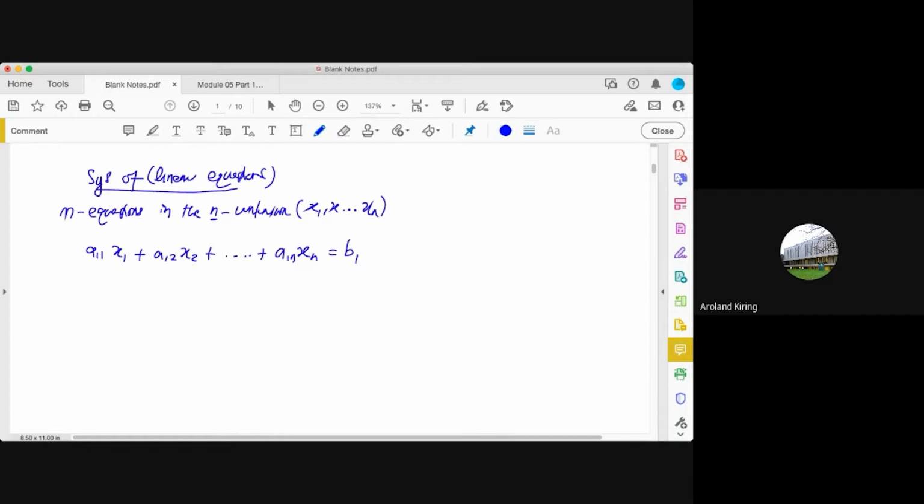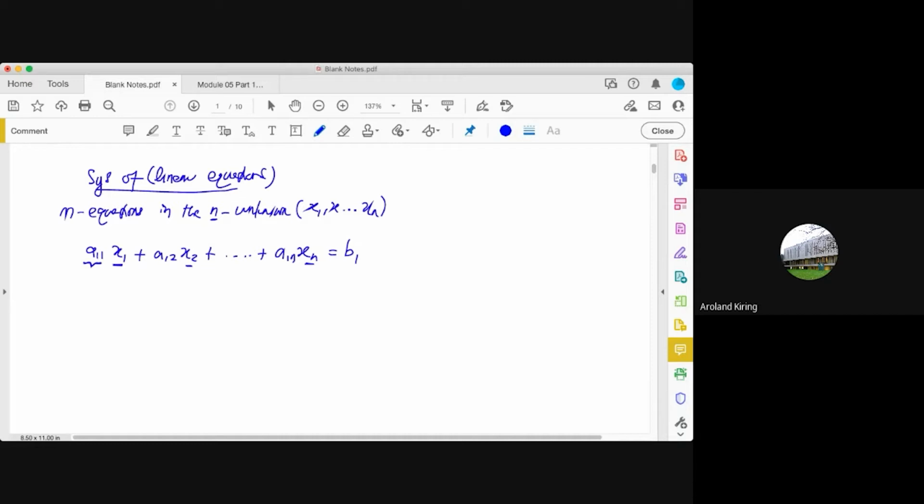Let's say this is our first equation where we have this x, an unknown variable. The number of x is until n. In front of this x, we have what we call the coefficient of our equation. These coefficients can take any values, depending on what kind of problem we want to solve.